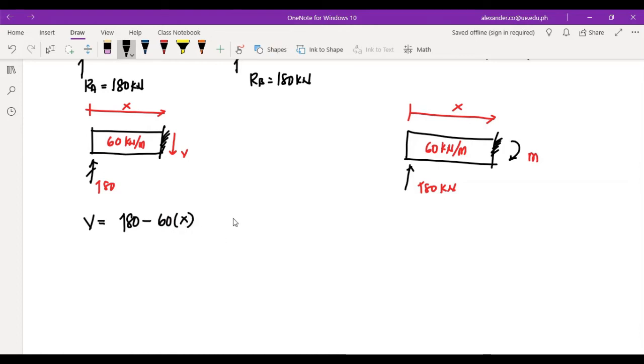For the moment at any point, it will be 180 times x minus 60 times x, whose centroid is x over 2, taking moments at this point.